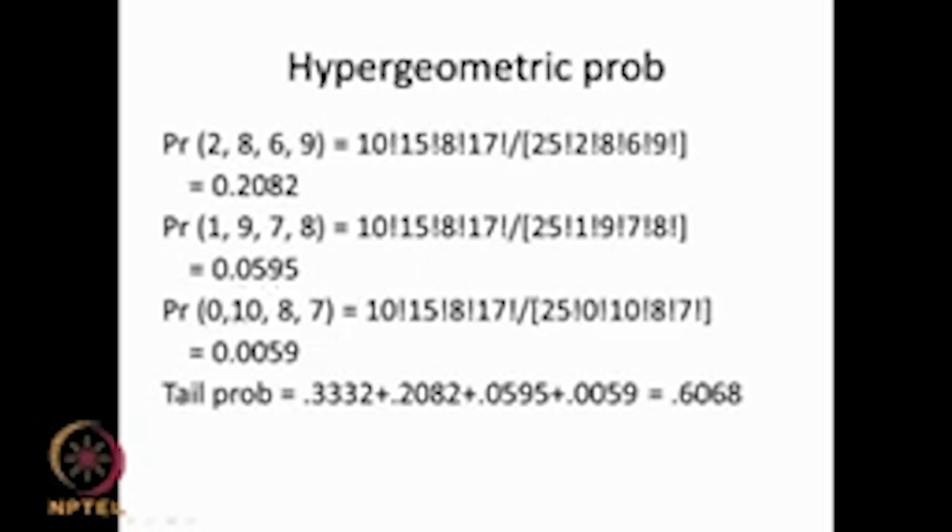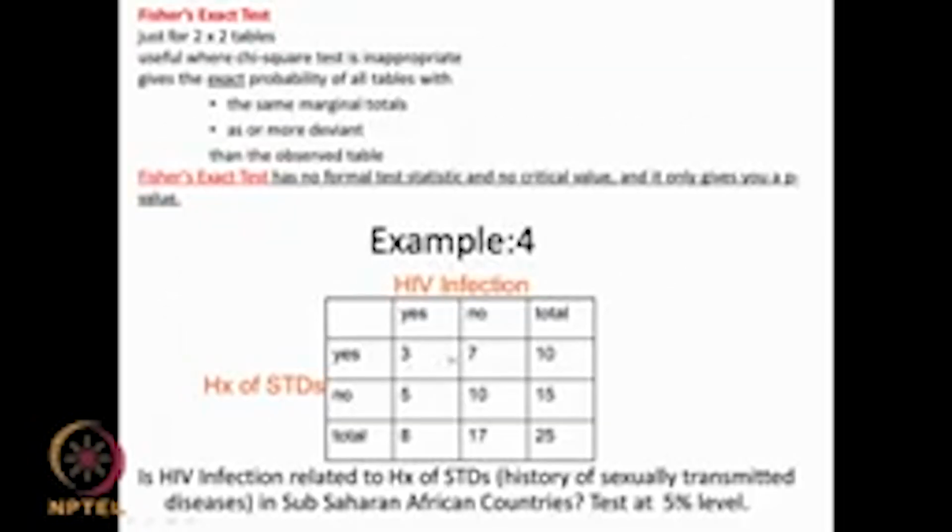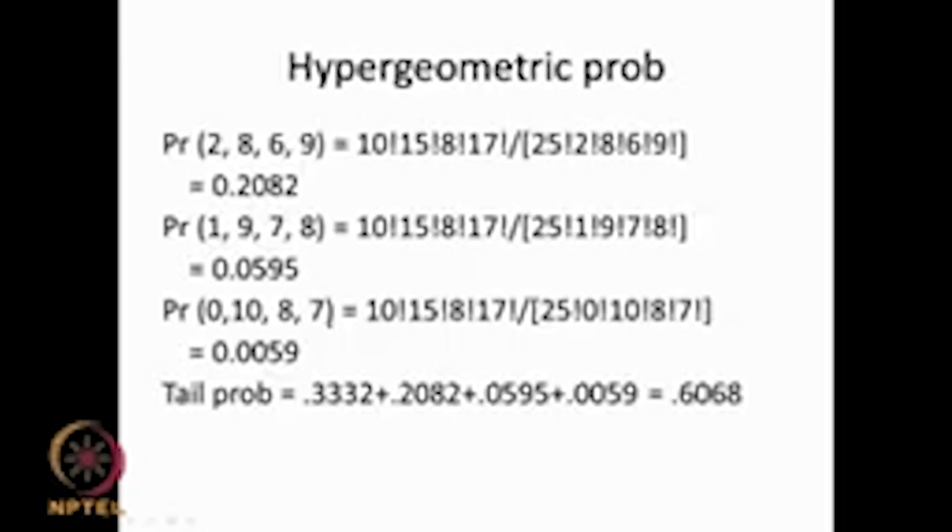So, if you want to see 0, 10, 8, 7, that means here 0, then this will become 10, this will become 8. So, for 0, 10, 8, 7, again 10 factorial, 15, 8, 17 divided by 25, 0, 10, 8, 7, that gives you a probability of 0.0059.